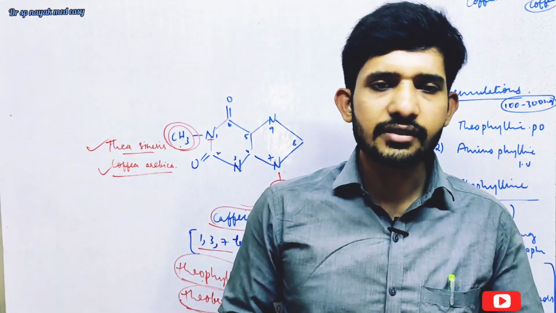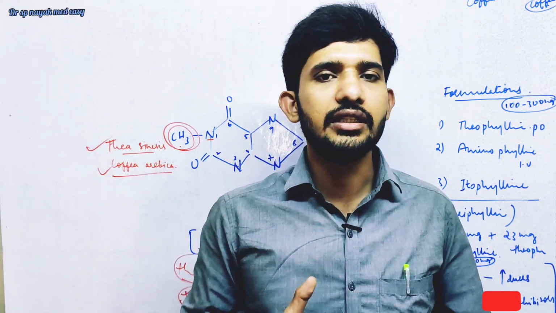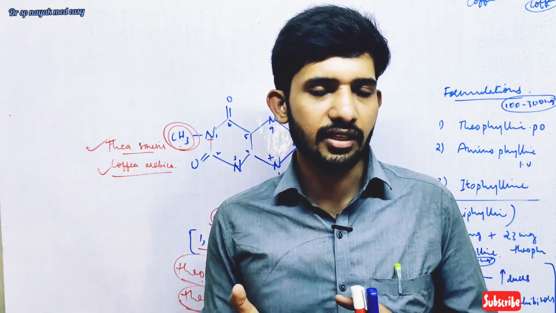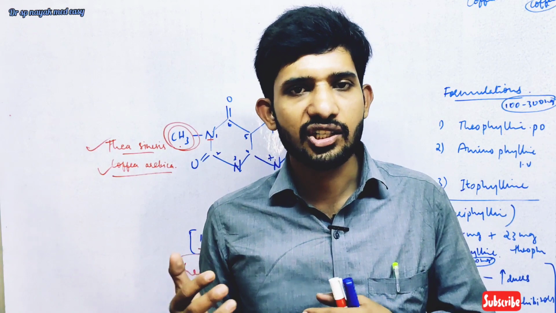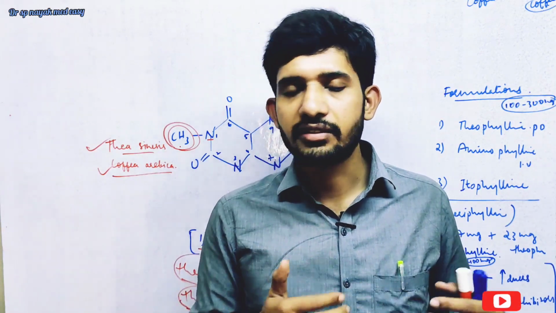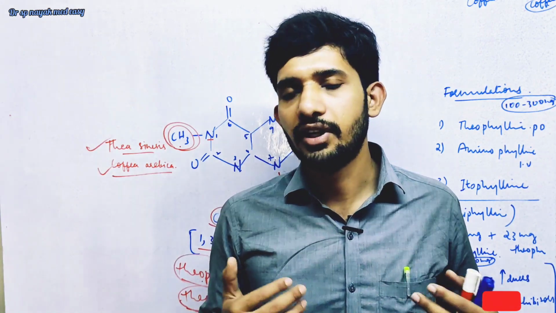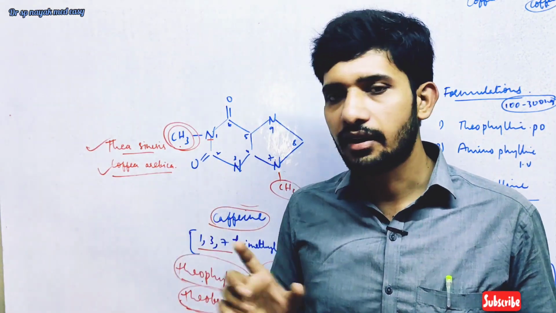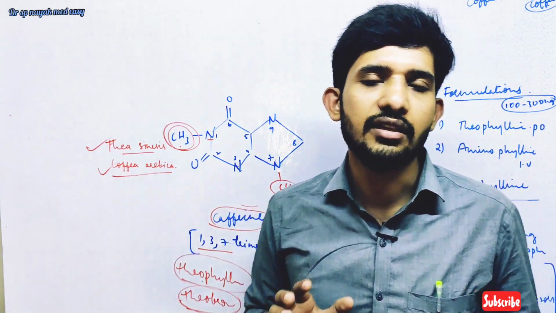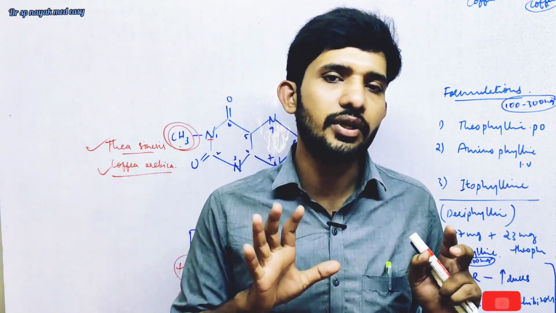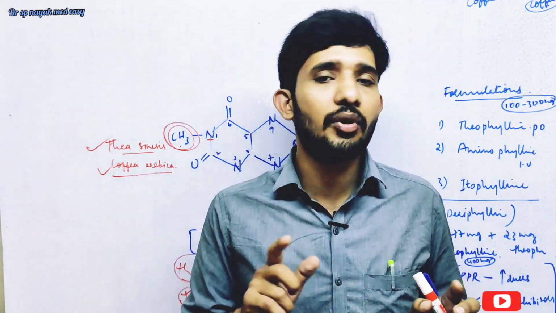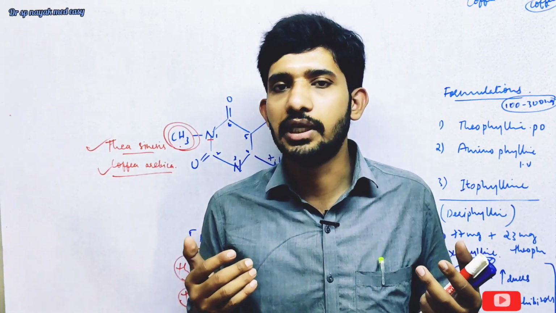Now let us discuss in detail the pharmacology of methylxanthines: their pharmacological actions, mode of action, side effects, adverse drug reactions, drug interactions, and finally uses of methylxanthines. Remember one important point, methylxanthines are most commonly used in COPD. Another important point about theophylline, these are narrow therapeutic index drugs.